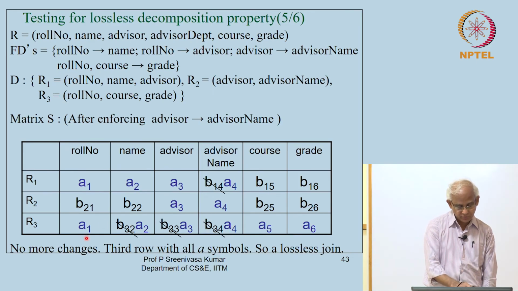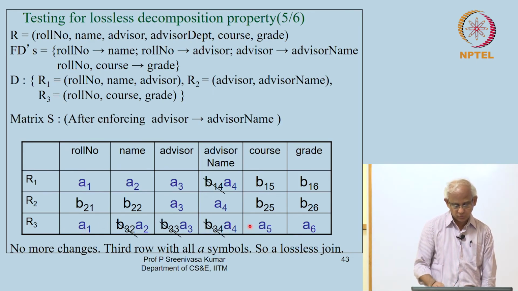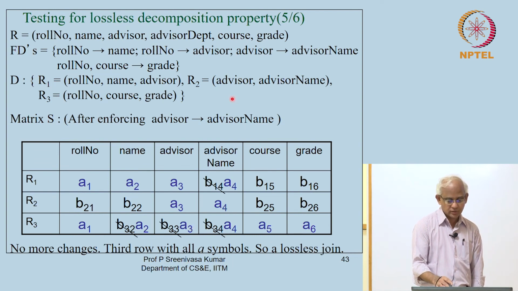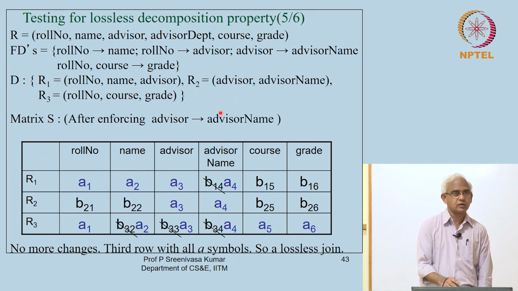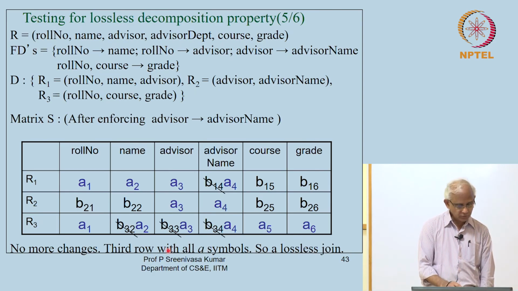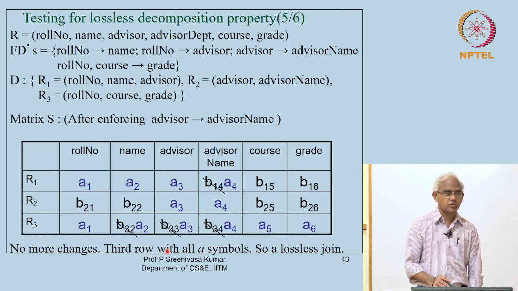So, now suddenly we find that the last row has all A symbols, A1, A2, A3, A4, A5, A6. And you can also see that there are no more changes that can occur in the matrix. And so, it is actually a lossless join.